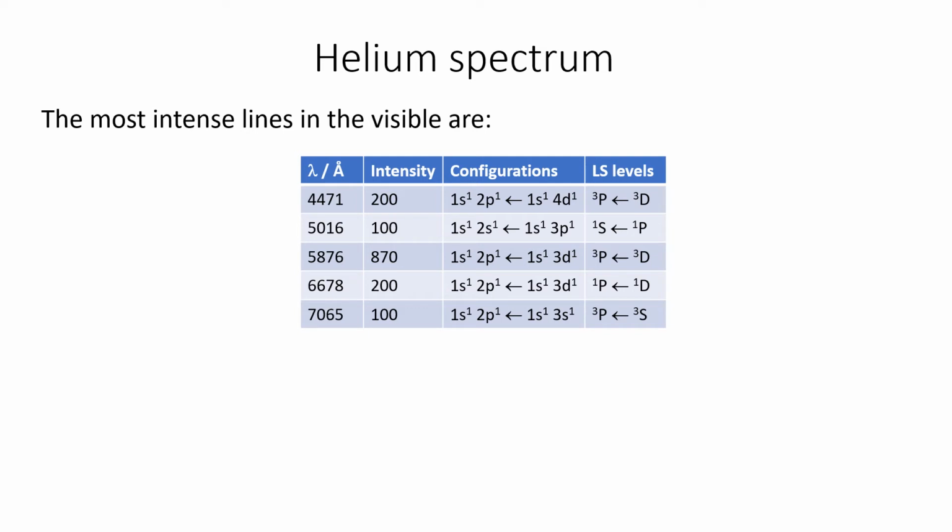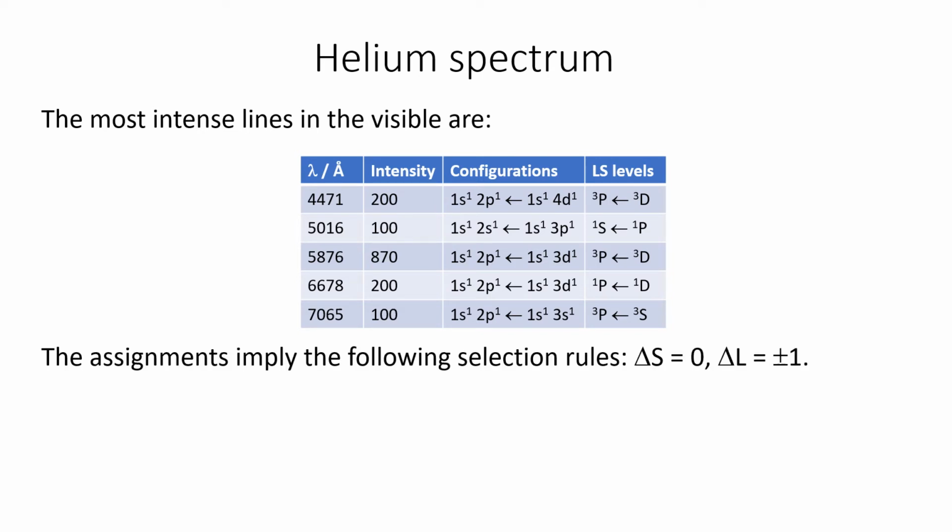Remember they refer, a bit like the subshell letters S, P and D, to the angular momentum 0, 1 and 2. You can see in each case the total angular momentum differs by 1. We don't see a different number change, and that turns out to be quite significant because this is going to relate to the selection rules.